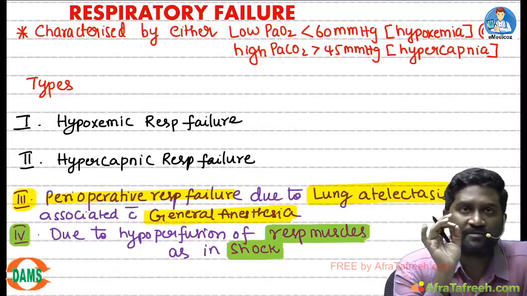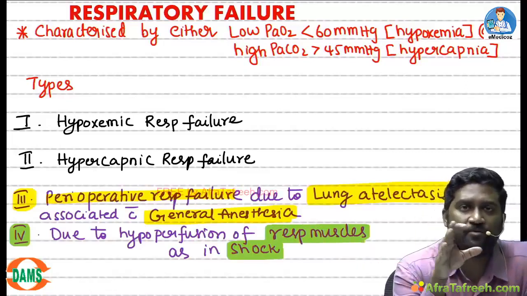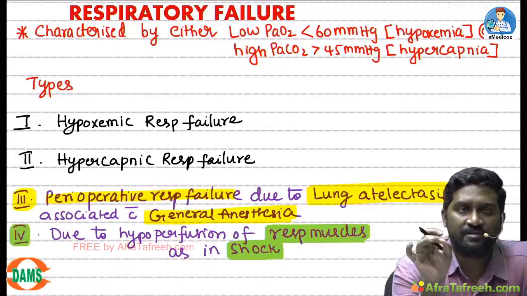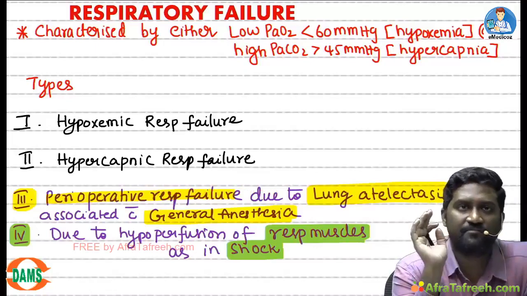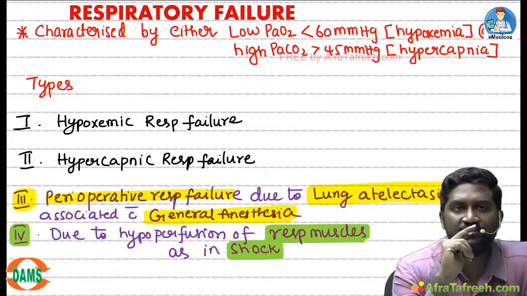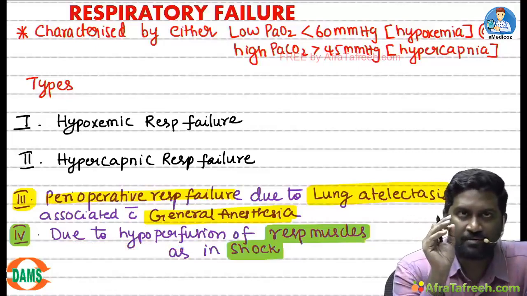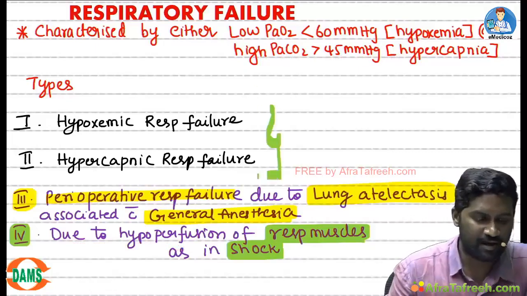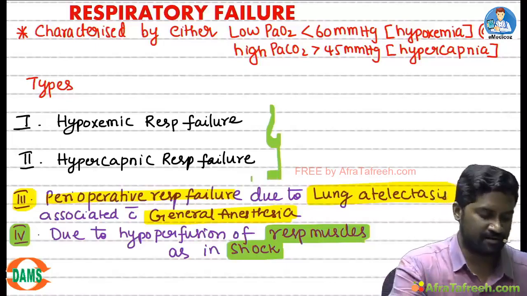Because your respiratory muscles also require blood supply to function, with no proper blood supply your respiratory muscles will stop functioning and there will be no proper gaseous exchange. So this respiratory failure in the setting of shock is called type 4. In the setting of general anesthesia in the operation theatre, it is called type 3. But in routine clinical practice, commonly we see type 1 and type 2 respiratory failure.